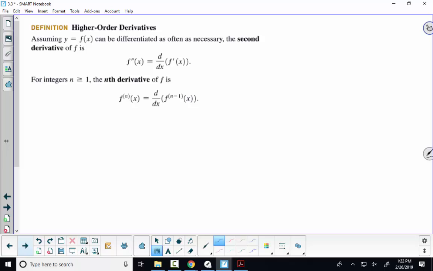What would that be used for? So the physical context of second derivative is typically, for us, if you're given a position function, the rate of change of position with respect to time gives you a velocity. The rate of change of velocity with respect to time gives you acceleration.